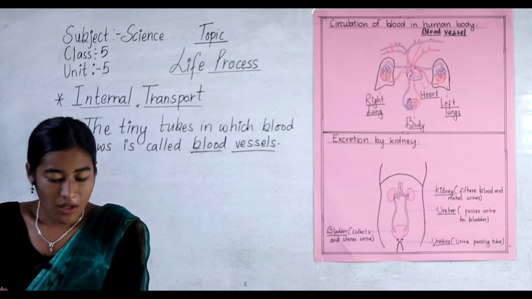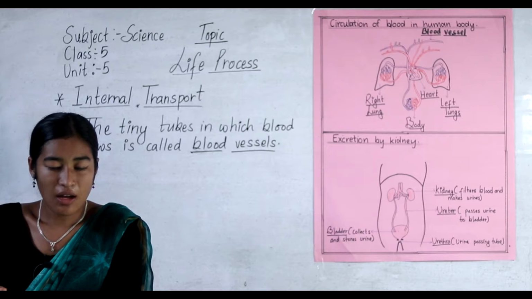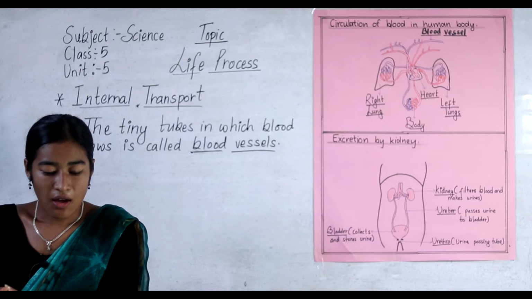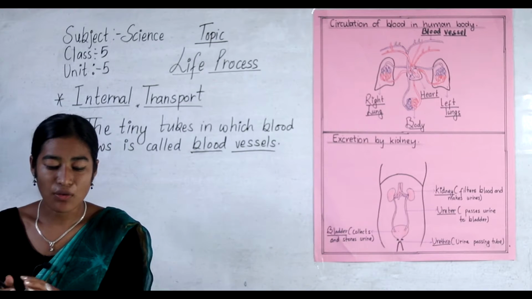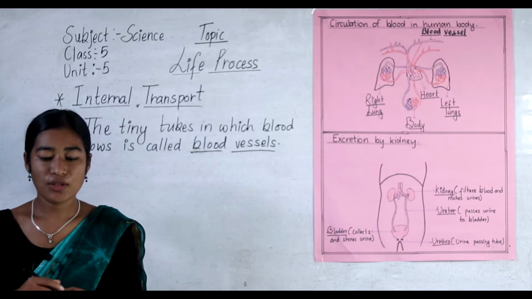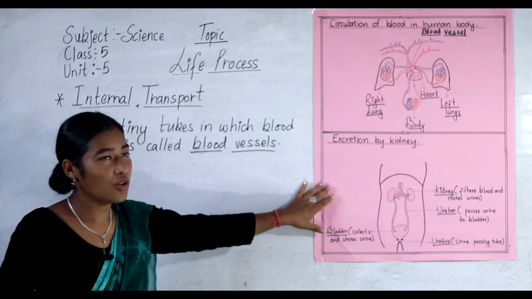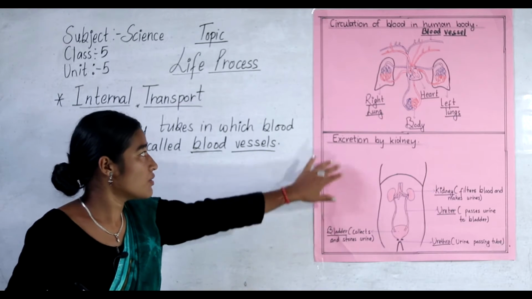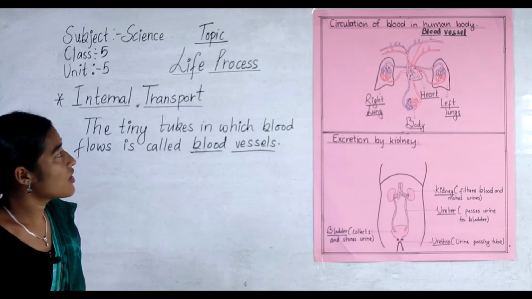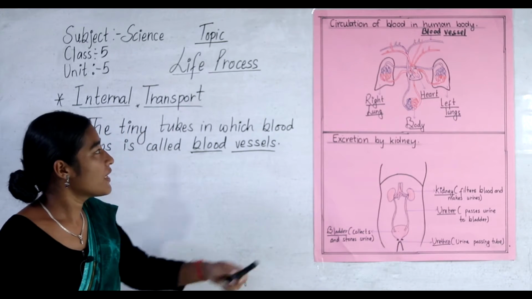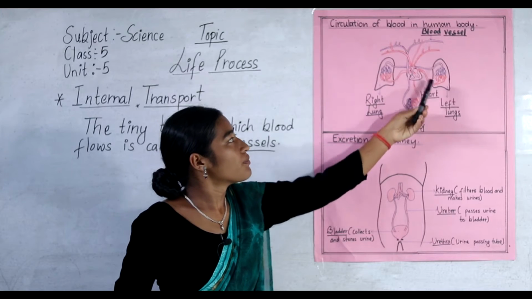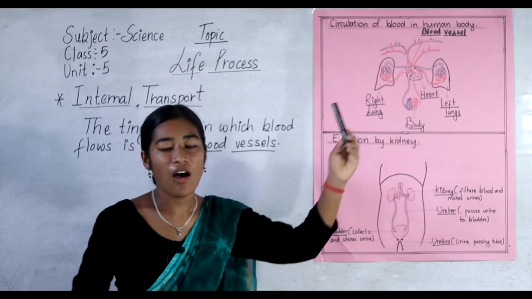Blood is pumped out by the heart, and the heart lies in our chest between the lungs. You can look in your book, and here is the figure of the circulation of blood in the human body; between the lungs there is the heart.